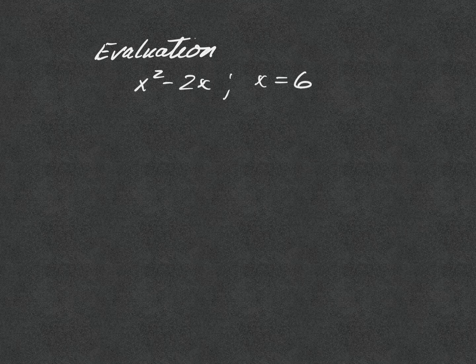So you would substitute and get 6 squared minus 2 times 6. So this becomes an order of operations problem. That's why they're asking you to evaluate. So you get 36 minus 12 or 24. Okay? That's a typical evaluation problem.